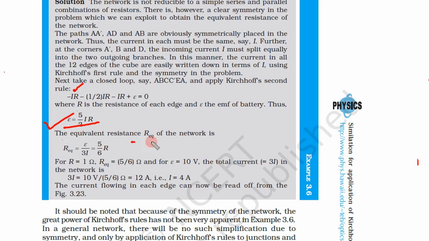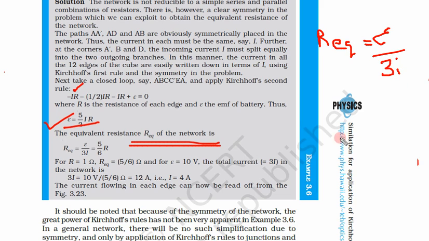Now what is the equivalent resistance of the network? R equivalent, how do we calculate R equivalent? R equivalent is simply epsilon upon 3I. How?